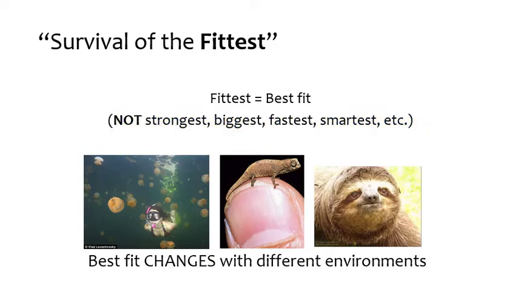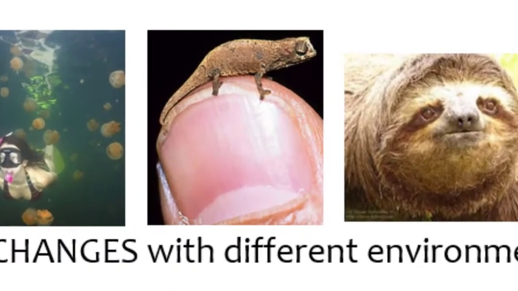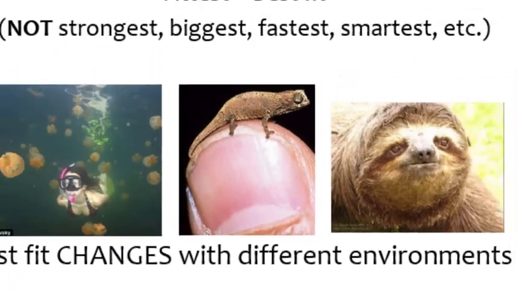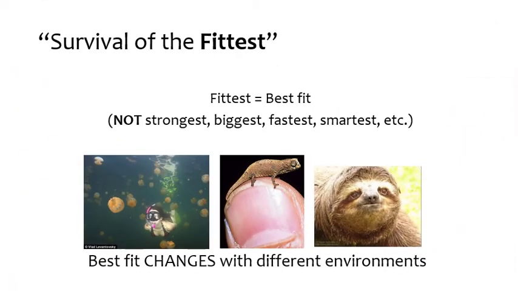You just have to survive well. This means you could be small if the environmental pressures select for the use of fewer resources. The smallest or slowest organism would use the least energy and be most successful. It's simply the best fit in a particular niche or environment.